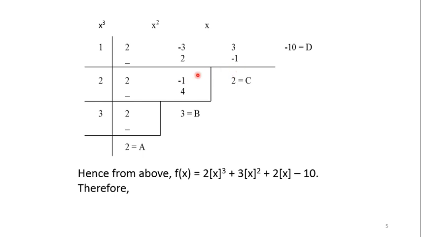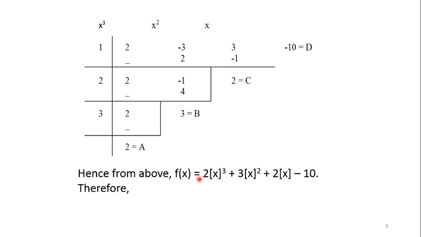Multiplying this by 1 gives minus 1, so 3 minus 1 is 2, which equals c. Continuing, write the first as it is, then multiply the remainder by 2 to get 4, so minus 1 plus 4 is 3. This is the next coefficient b, and the total at the end is the value of a.